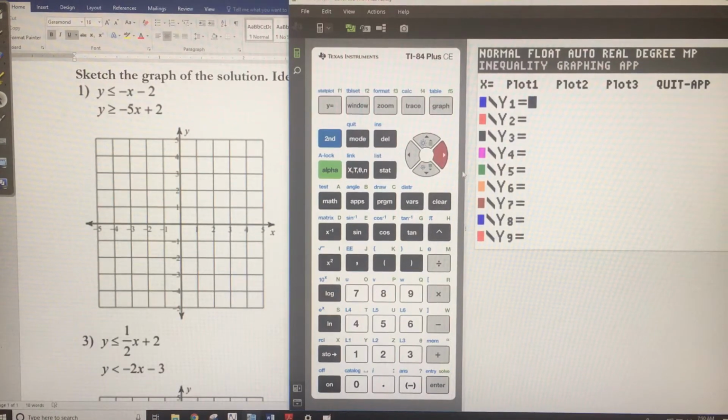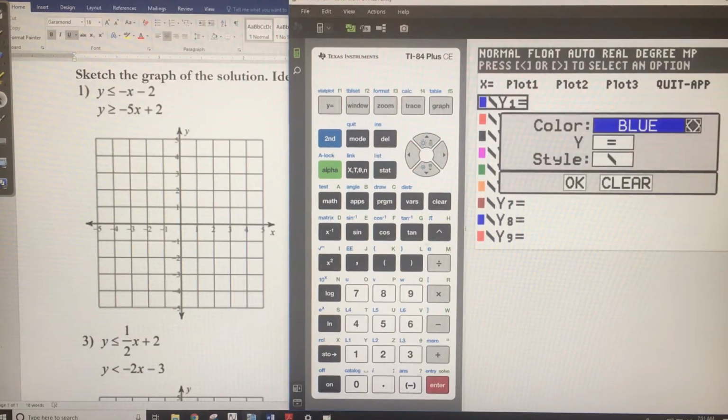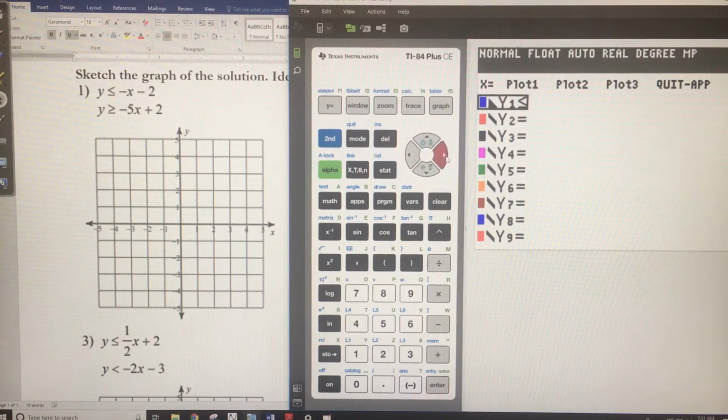Now, because last time we did a video, it was watching how to do one individual. So this time we're going to do two at the same time. So let's look at number 1. I have y is less than or equal to negative x minus 2.